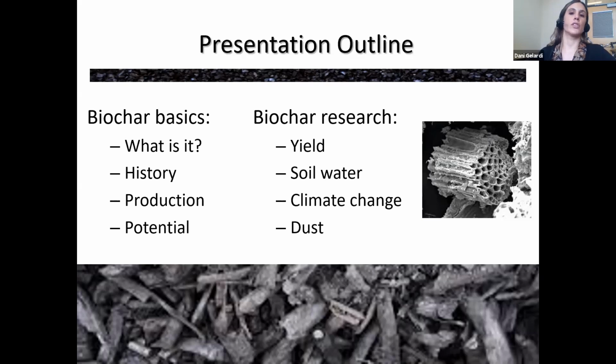So we will review the research we've done on agricultural systems and yield and nitrogen use efficiency. We'll talk about biochar's potential to influence soil water dynamics or to help us achieve climate change mitigation goals. And then we'll wrap up by talking about biochar's potential to become emitted as soil dust.